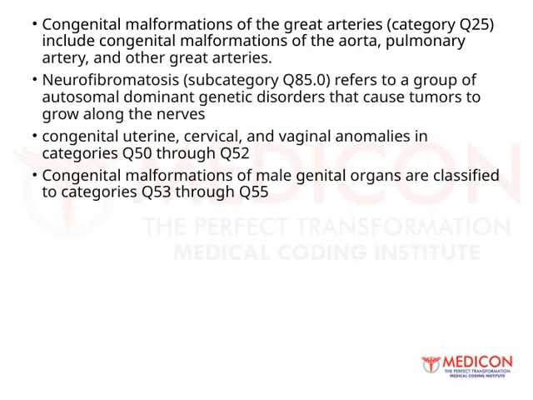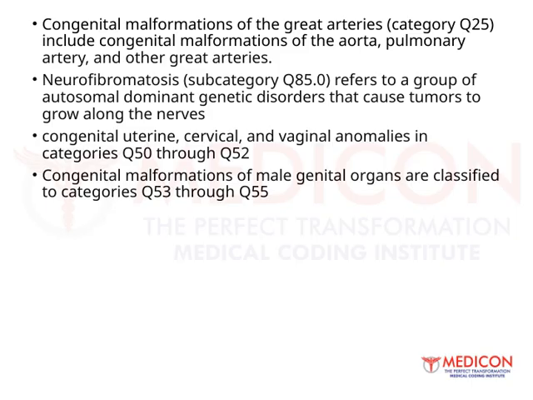Now, let's take a closer look at some of the other congenital malformations categorized under Q25. These include malformations of the great arteries, such as the aorta and pulmonary artery, which can vary quite a bit in severity and impact. Recognizing these helps us understand how complex congenital heart issues can be.